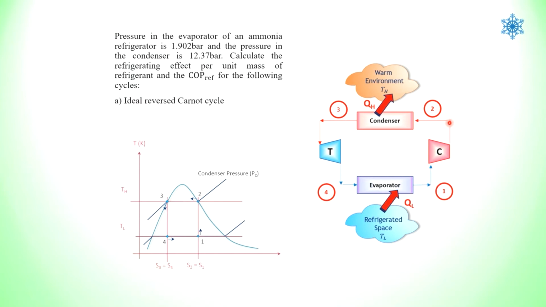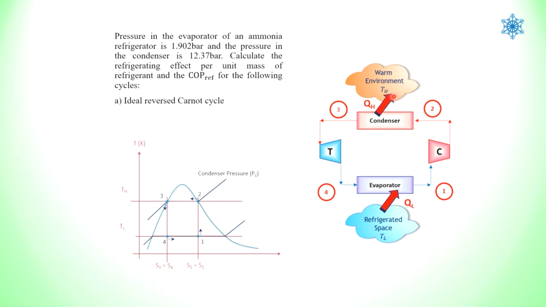State point 2 is the outlet of the compressor after isentropic compression, where the pressure and temperature of the wet vapor refrigerant, the saturated liquid and vapor mixture, are raised to a higher pressure and temperature. Then it enters the condenser where it undergoes constant pressure heat rejection.